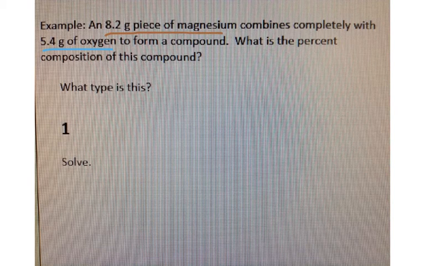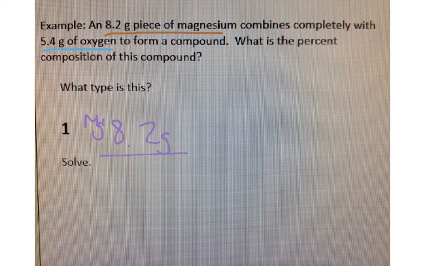And so when trying to identify the type of this, I'm asking for the percent, but I don't know the specific compound, which is what happens in type 2, where you know what the compound is. In this case, I don't know the compound. What I do know, where I'm putting it into my formula, is that I'm going to solve for magnesium first for percentage. Magnesium is contributing 8.2 grams to the total mass.